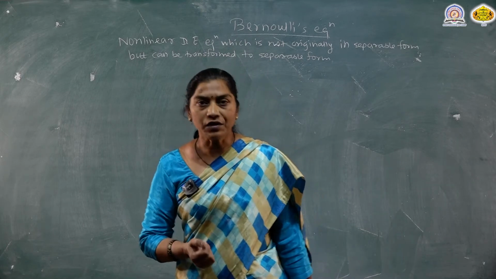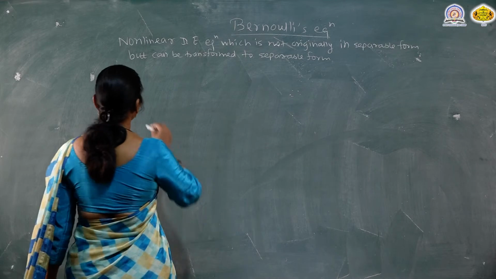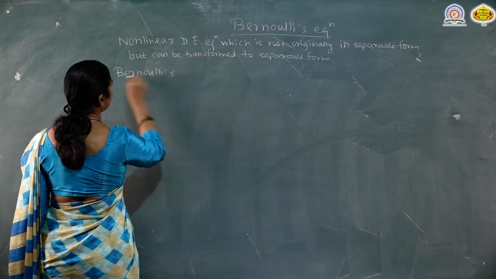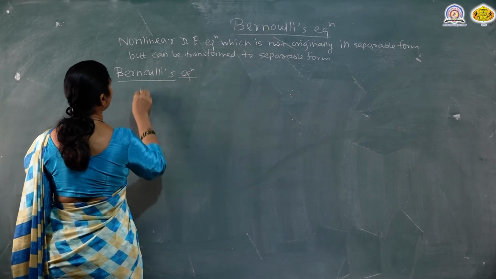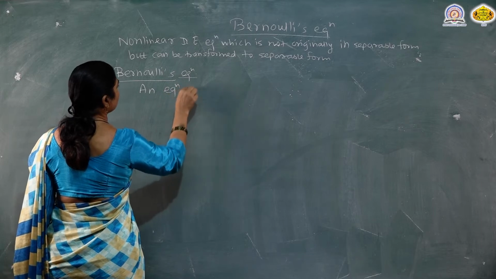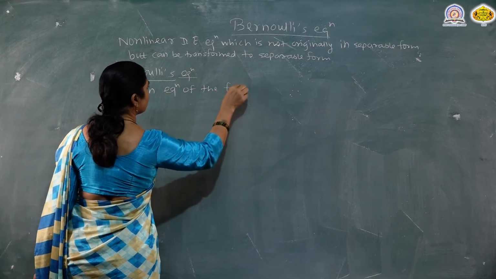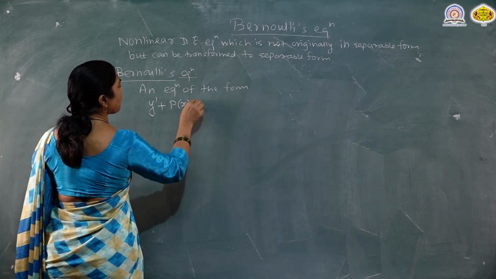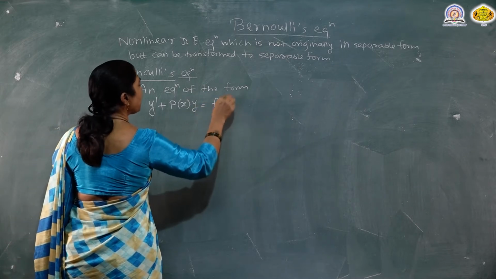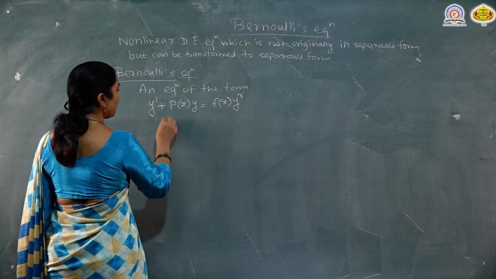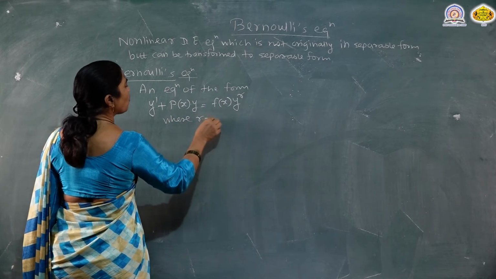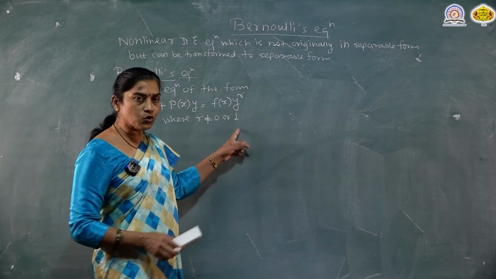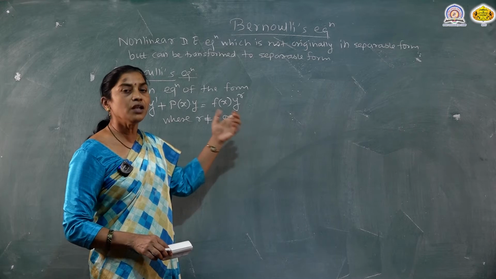So what is a Bernoulli equation? An equation of the form y' + p(x)y = f(x)y^r, where r is not equal to 0 or 1, because when r is 0 or 1, the equation becomes a linear equation.